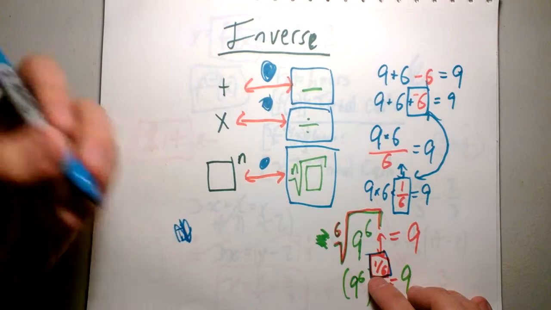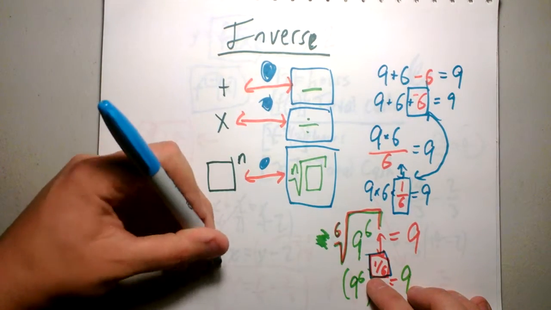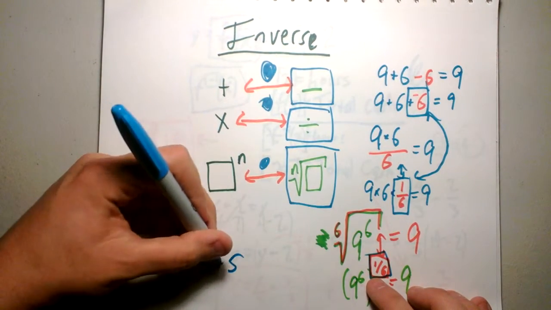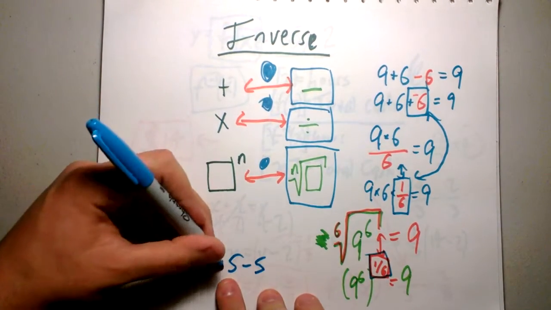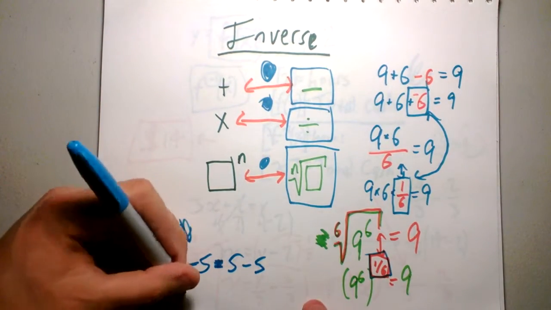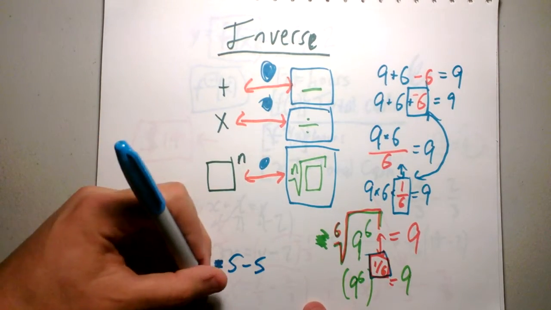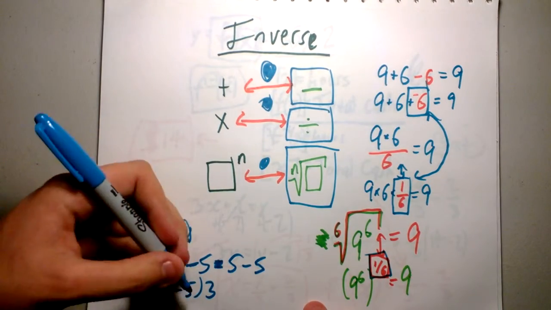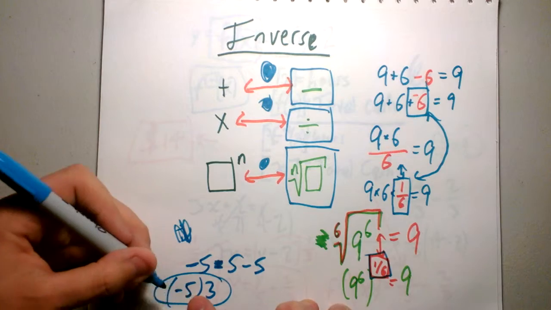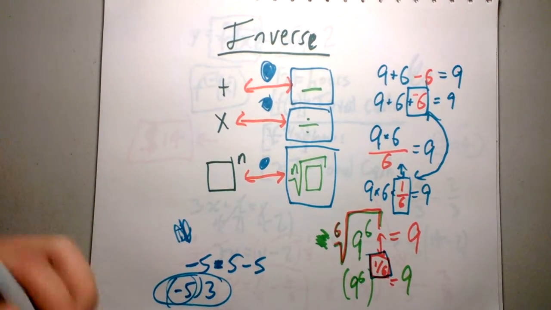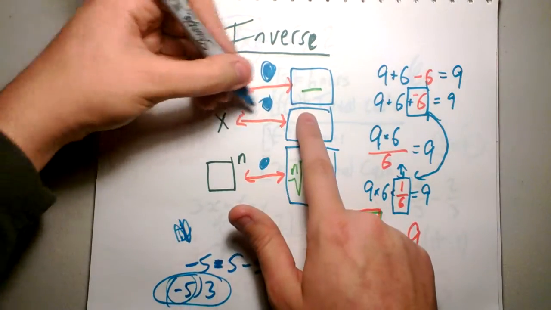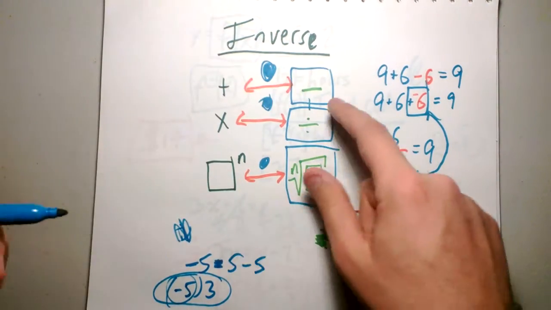If we have 5 minus 5, 3 times, and they're all subtracting, that's -5 times 3. Okay? And that's how you represent it. You put a negative in front of one of these results and you multiply it, so you have a negative multiplication. All right? So that's how you get from here to here.